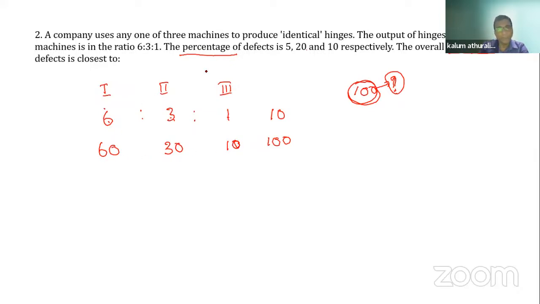Now, the percentage of defects: 5% of the first machine's production is defective, 20% of the second's, and 10% of the third's.